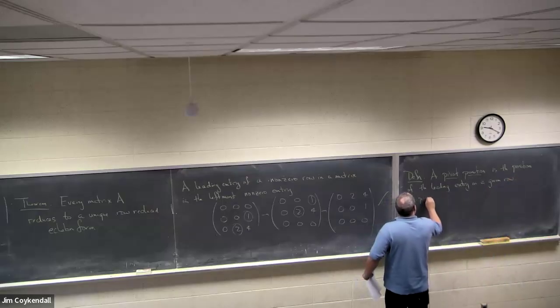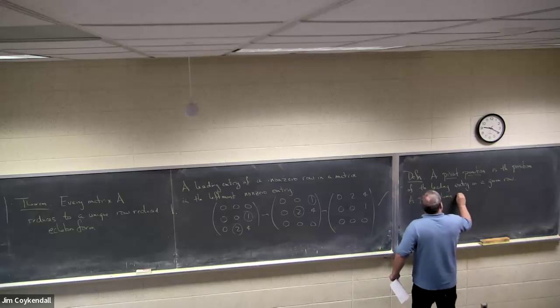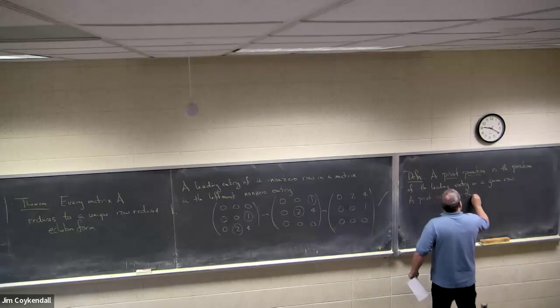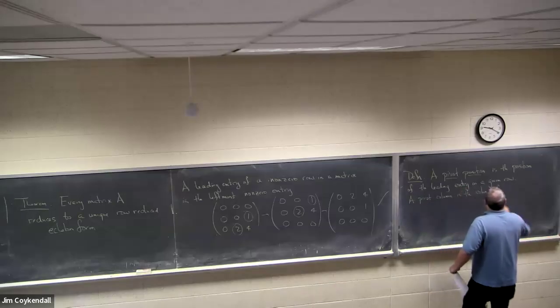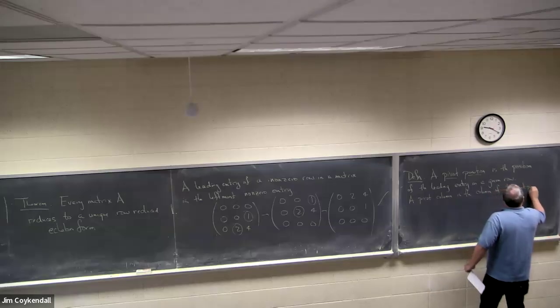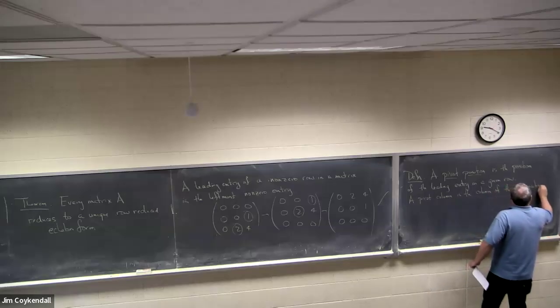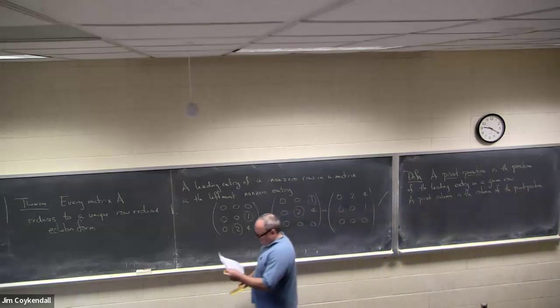A pivot column is the column of a pivot position. Okay, so I'm going to take this apart.